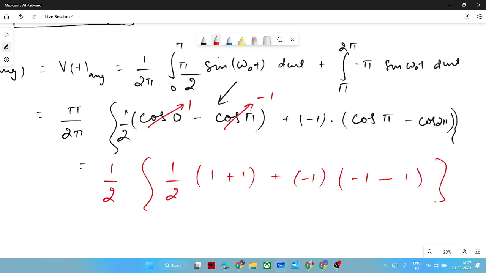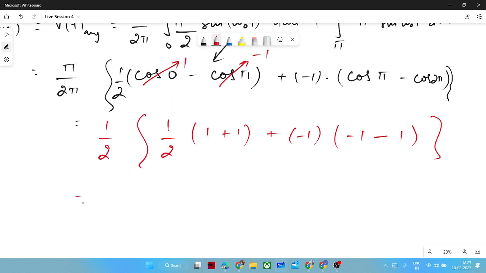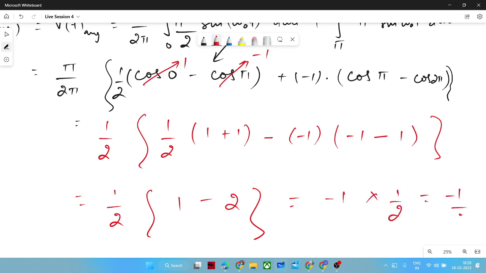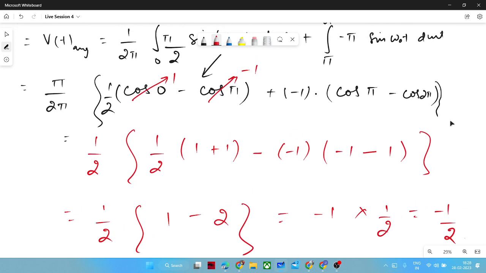So that is half into half into 2 would be 1, plus minus 2 into minus 1 that would be 2... so it should be minus 2, and minus 1 into half that will be equal to minus half. Now I think it is making sense. Okay.